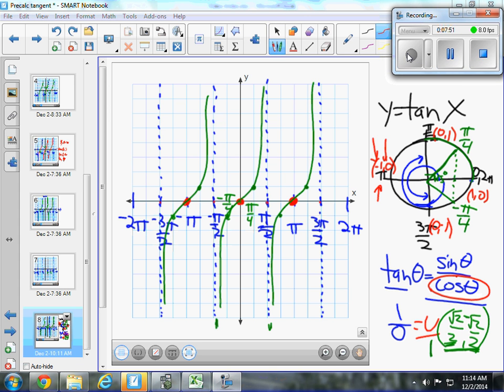The distance between negative pi over 2 and pi over 2 is pi. The distance between pi over 2 and 3 pi over 2 is pi. The distance between negative pi over 2 and negative 3 pi over 2 is pi. Pi is the period of the tangent function.